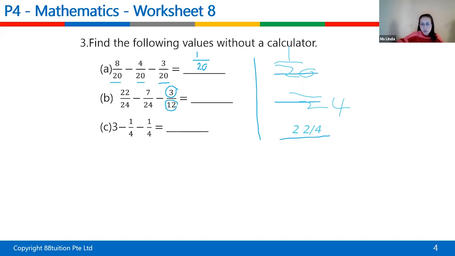So how do you get 6/24? You times 2 to make it 24. So here you get 6. So 22 minus 7 minus 6, what will you get? 9. Okay, so 9/24. Do you think you can reduce that to the lowest term? No. Are you sure?